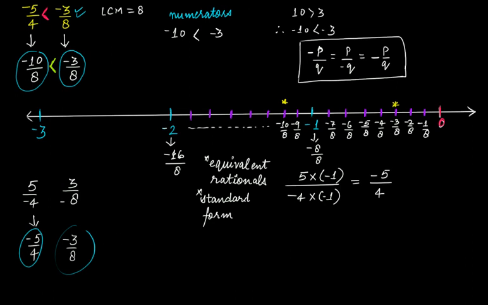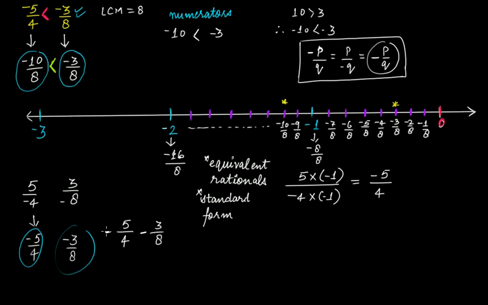What if your rational number is written in this form? 5 over 4. And if you're wondering why I'm always taking the same number, it's just to make your understanding easier. Otherwise, every time we have to take the LCM, then convert them into like fractions, standard form, it will take a lot of time. So the process will always be the same whenever you're comparing any two rational numbers, 5 over 4 and 3 over 8, but your negative sign is here, like this one.